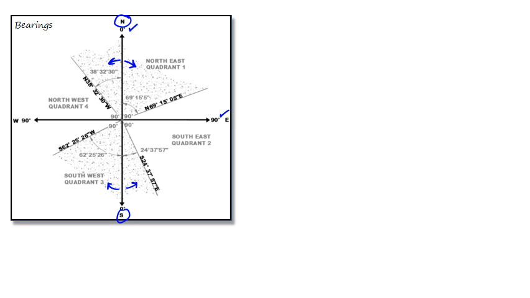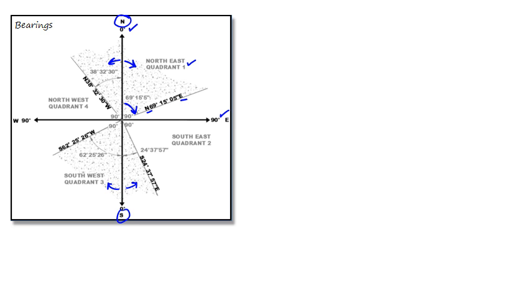In the first quadrant, we're always going to say we're going northeast, so it would be read as this angle here, the 69 degrees, 15 minutes, 5 seconds, would be read as north 69 degrees, 15 minutes, 5 seconds east. So the first quadrant is associated with the northeast quadrant.